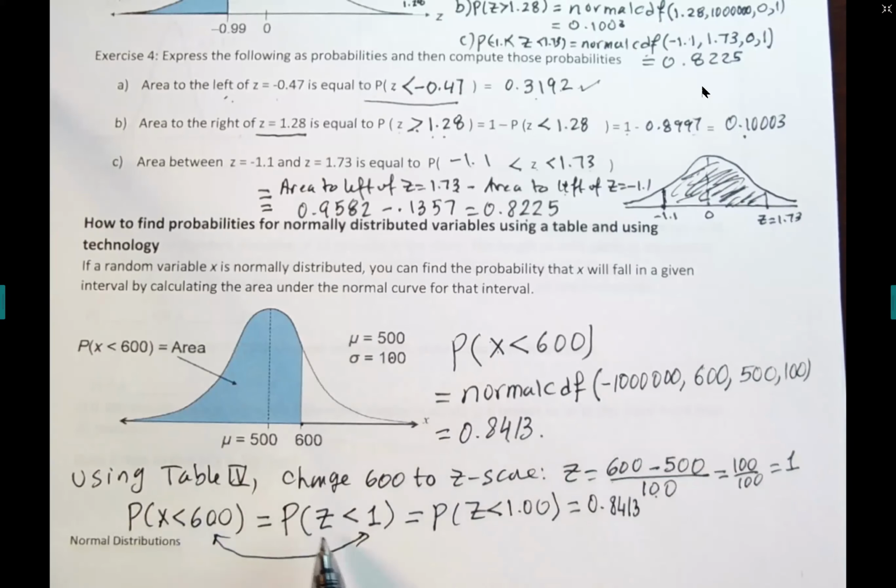If you use Z, you must put 0 and 1 when using the calculator. Any questions? Any questions, guys?